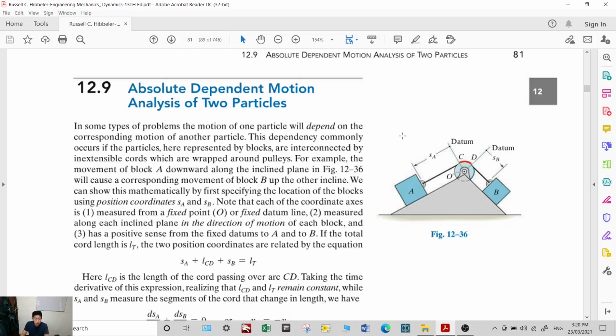A typical application is the cable-rope system used in elevators, cranes, and other machines. This type of problem is denoted as dependent motion because the movement of one particle is dependent on the movement of another particle.